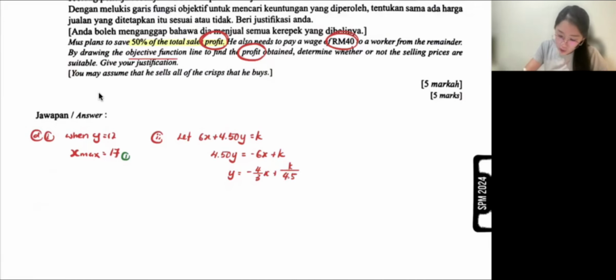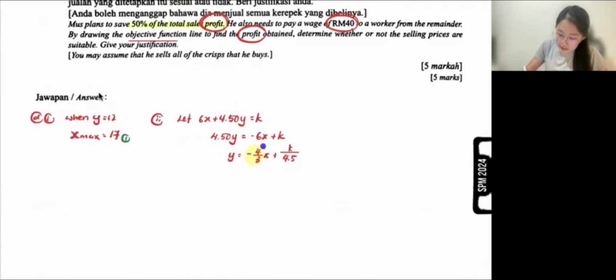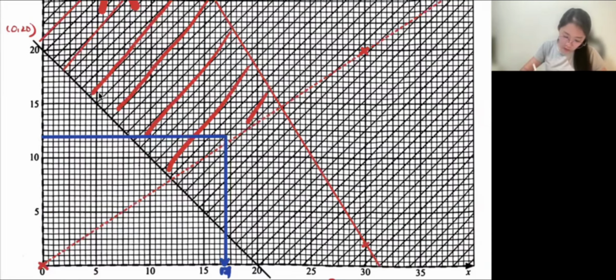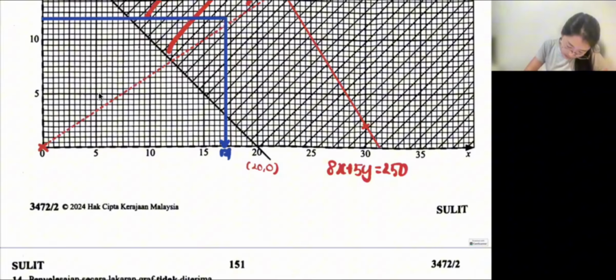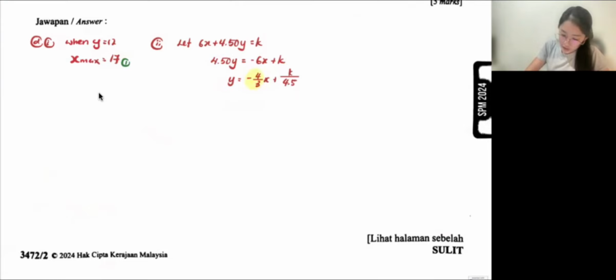Then what we are interested in is the gradient to draw our objective function line. If this is 4 over 3, meaning vertical distance 4, horizontal distance 3. If I draw 4 grids and 3 grids, 4 is here, 3 is here. It is too small already, too small to draw. Since your scale is 2 cm to 5 now, let us multiply with 5.